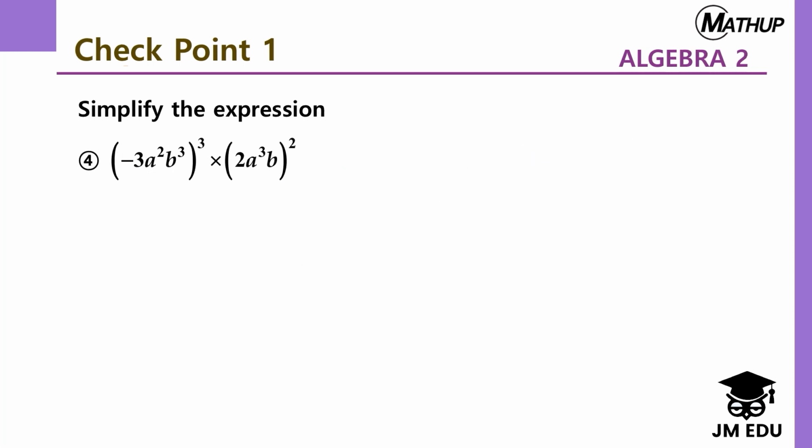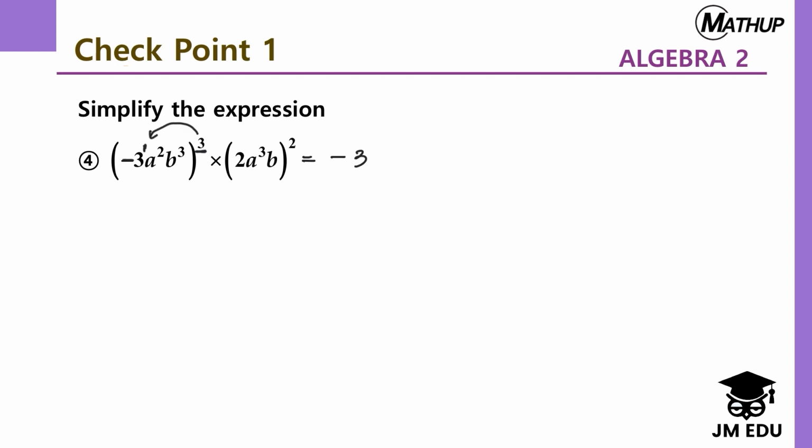Number 4, before we multiply them together, we're going to have to eliminate this parenthesis, right? So let's try that. We have a negative here. If negative is multiplied an odd number of times, then that's a negative, right? So negative 3 times 1.